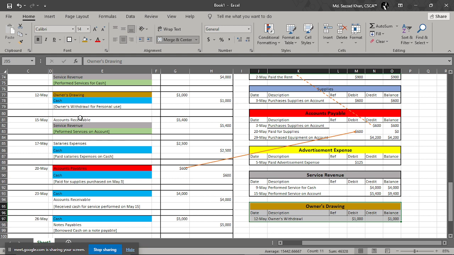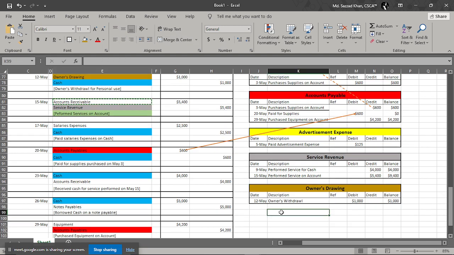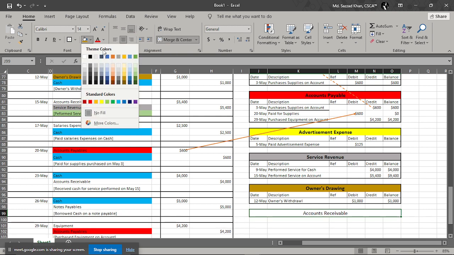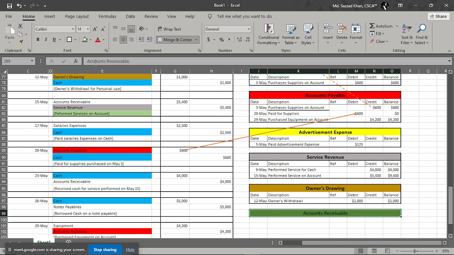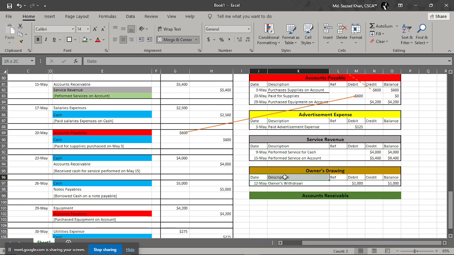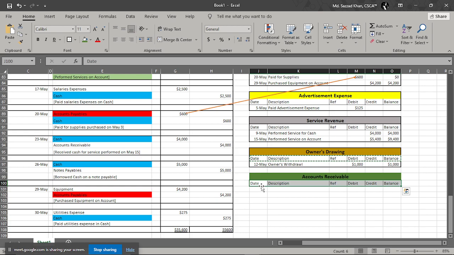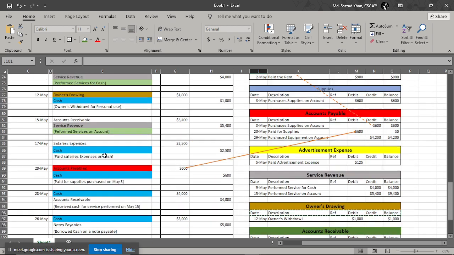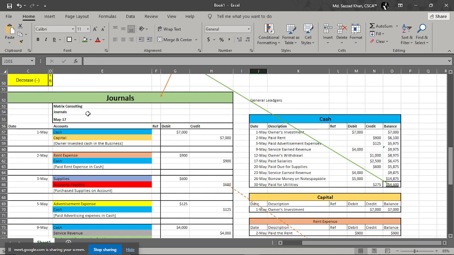What comes after the owner's drawing? Accounts receivable, right? Okay. For accounts receivable, we see is there any?